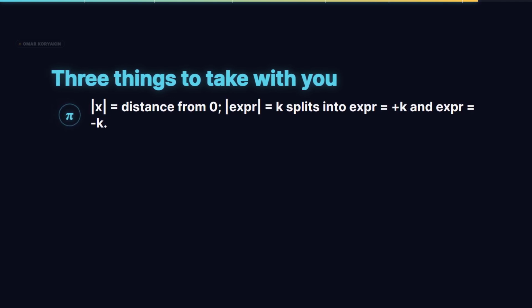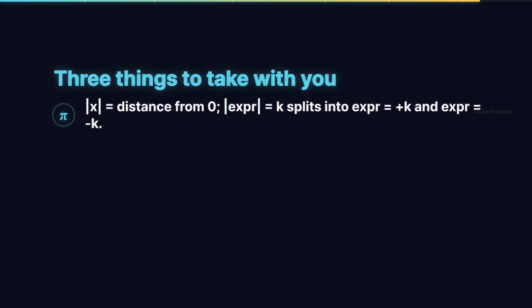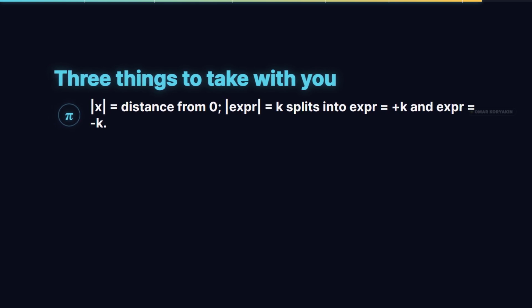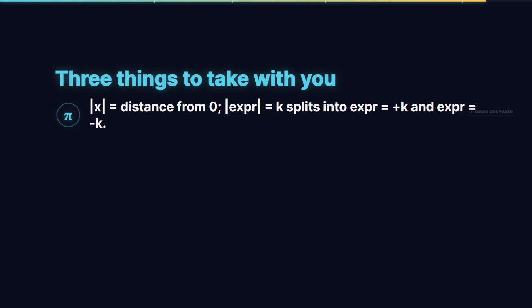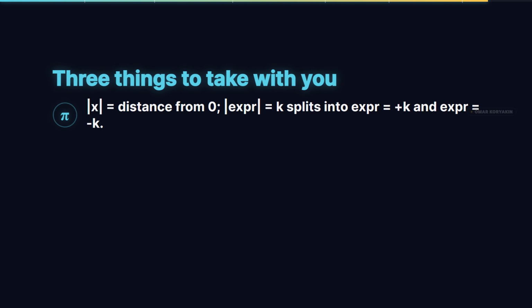An absolute value equation of the form absolute value of expression equals k, with positive k, splits into 2 cases: expression equals positive k and expression equals negative k. Each case is a standard linear equation solved using the section 3 machinery, and the 2 case solutions together form the complete solution set joined by OR.